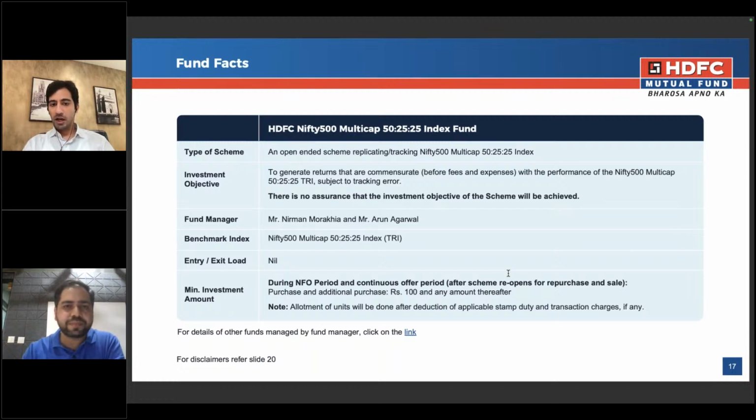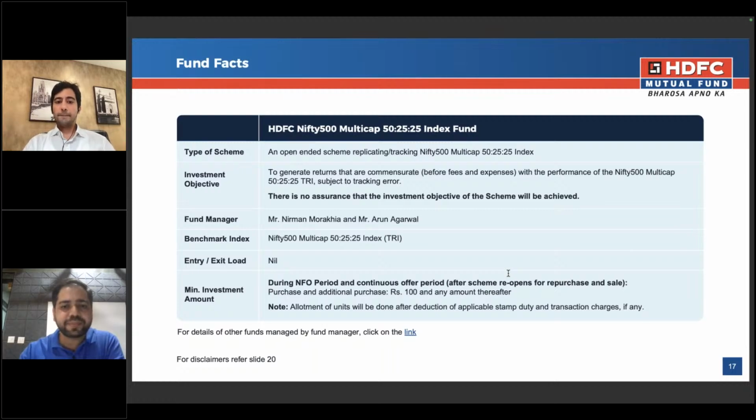That means you can start with a very small amount and then invest any larger amount thereafter. During the NFO you can either invest lumpsum or start an SIP. That option is up to the investor. And lastly, as I mentioned a while back, the tentative expense ratio for the direct plan will be around 30 bips, 0.3% plus the applicable GST. I think those are the main points.